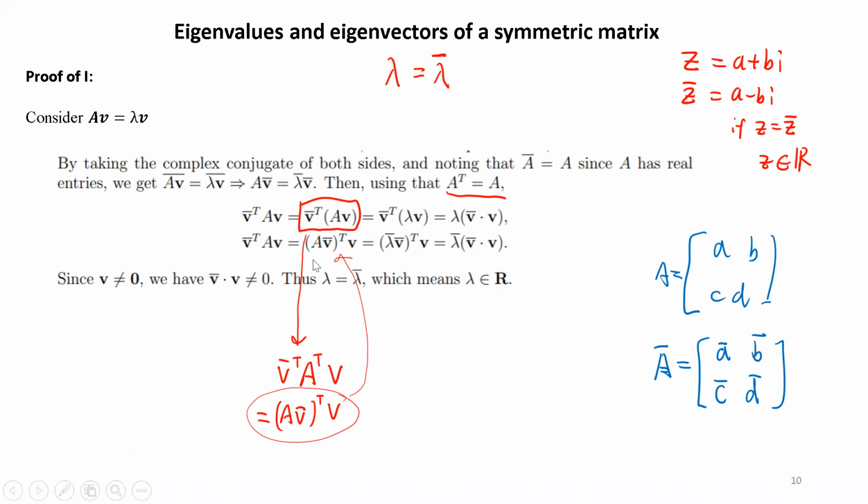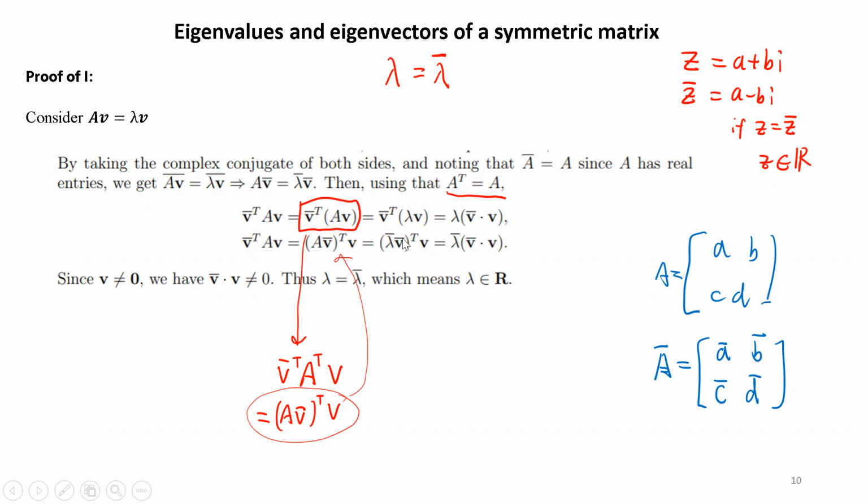Now this product A and V bar, V conjugate, is given by lambda bar V bar, as I have already constructed. So now we have lambda conjugate times V conjugate transpose.